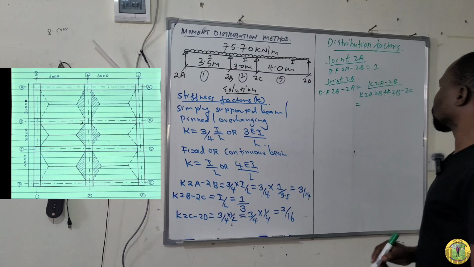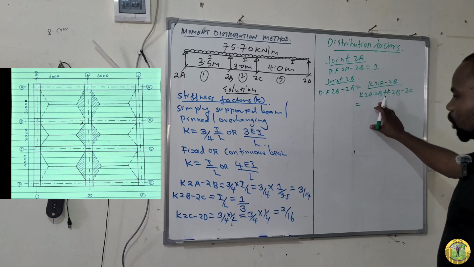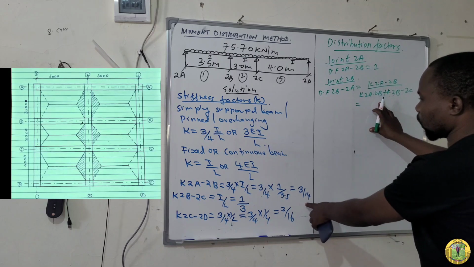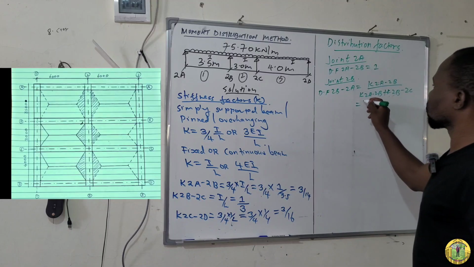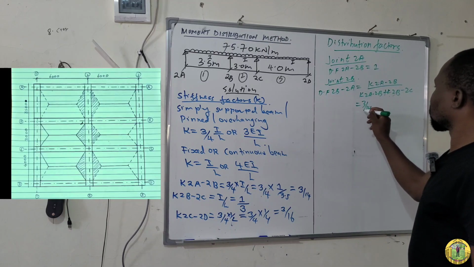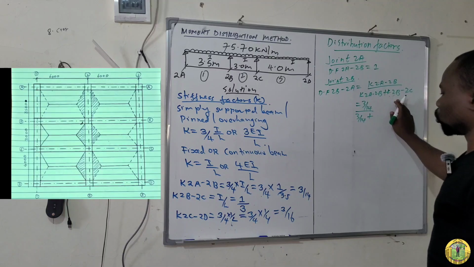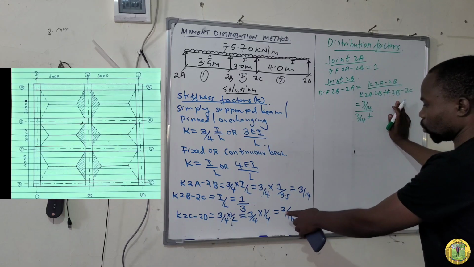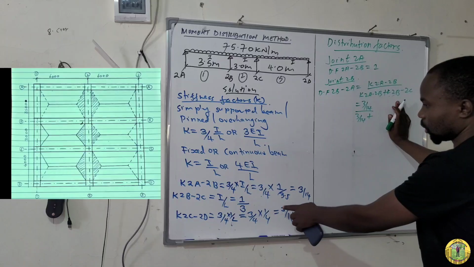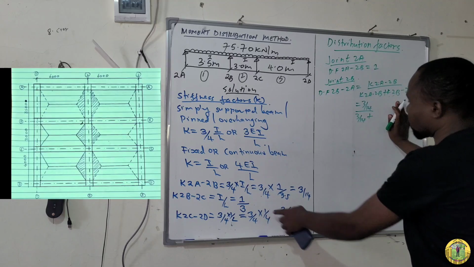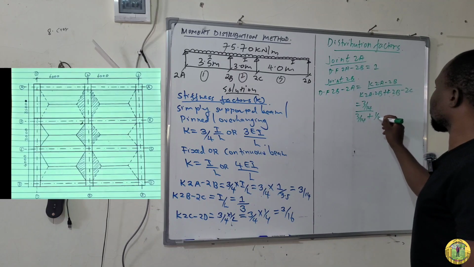So this one is equal to K 2A 2B, which is 3 over 14, all over 3 over 14 plus K 2B 2C. K 2B 2C is a third plus a third.